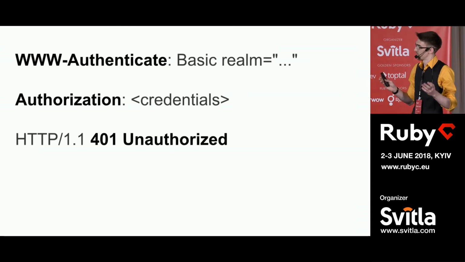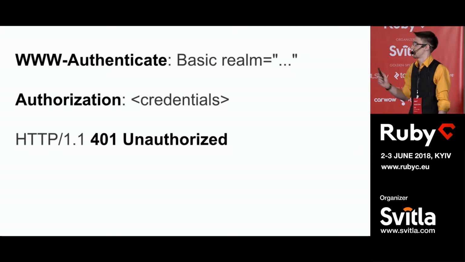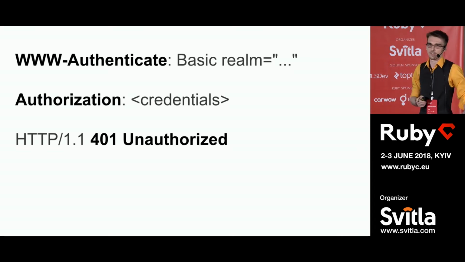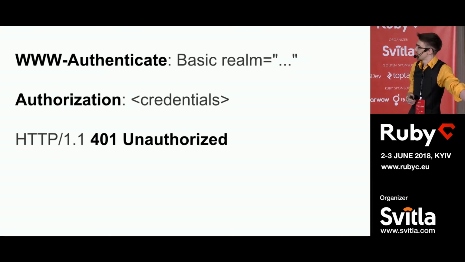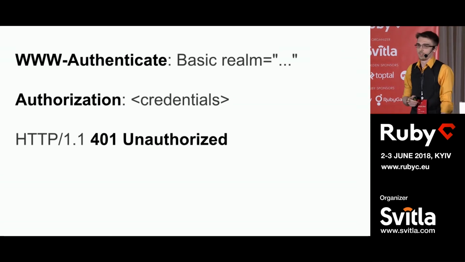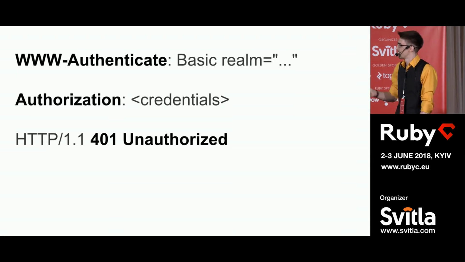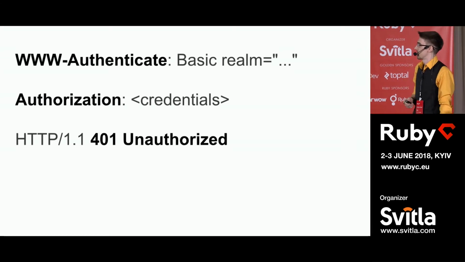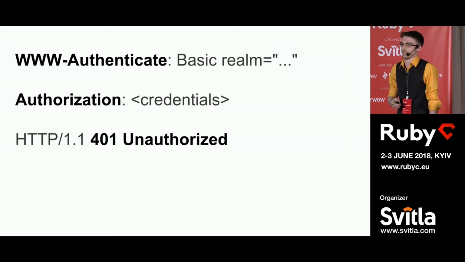Here is the proof of that permission, like some token, the document. And when the server says unauthorized in the response, it just means that the server did not give you the permission, either because you did not prove who you are, or because whatever you provided does not give you the permission you're asking.